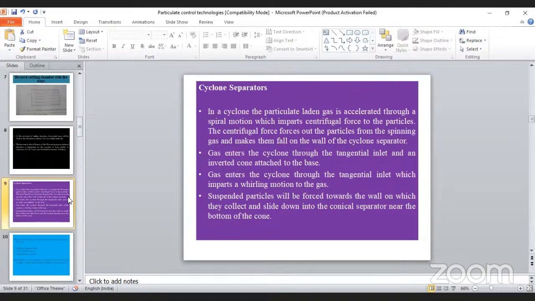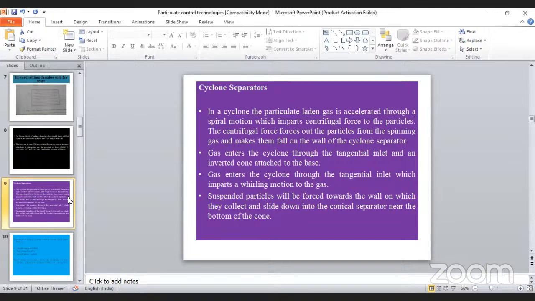Once it enters at the top and undergoes the spiral motion in the middle, then the suspended particles will be forced towards the wall. It won't directly go into the bottom from where we can collect. No, this is something different. When it gives the tangential inlet, the gas enters tangentially, and when it enters, it makes the swirling motion.